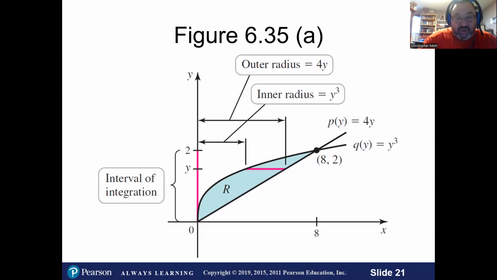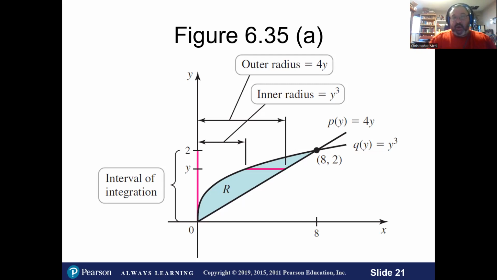We're going to take the region between those two curves. To find the points of intersection, we set them equal to each other, and you get 0 and 2 as your two points of intersection.